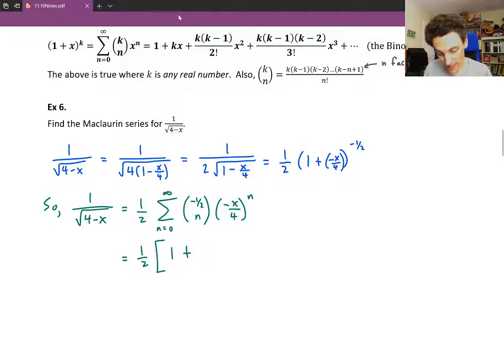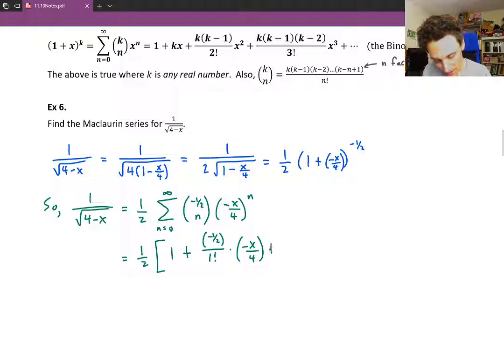Well, here for the k, we could just write this as k over 1 factorial, just to be interesting here and try to keep a pattern. I'm going to just do it like that. Here's our k. I'm going to write that as 1 factorial, so we can follow along with the pattern. And then we've got times negative x over 4 to the 1.